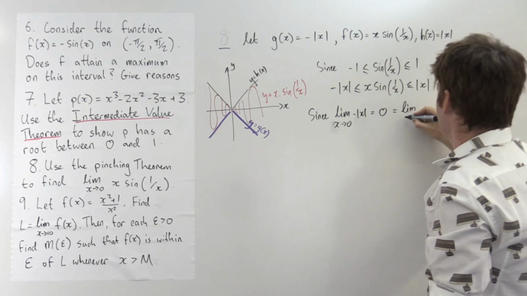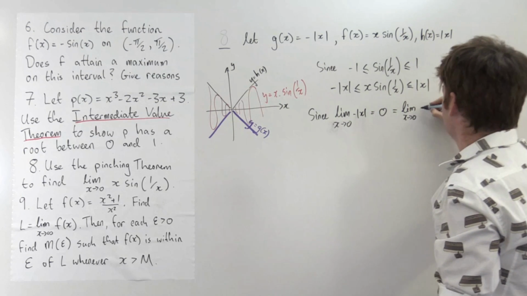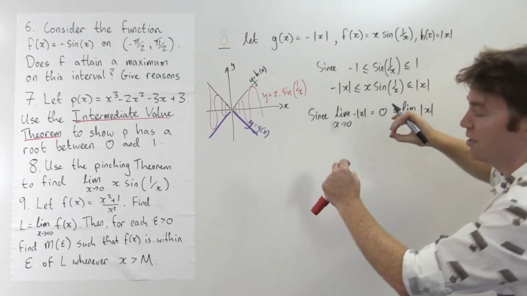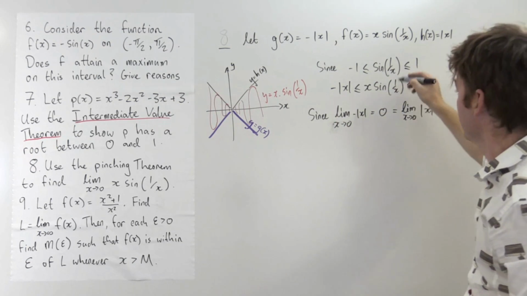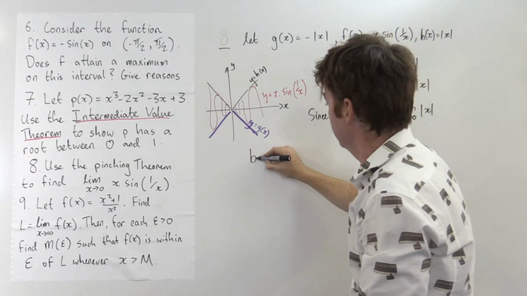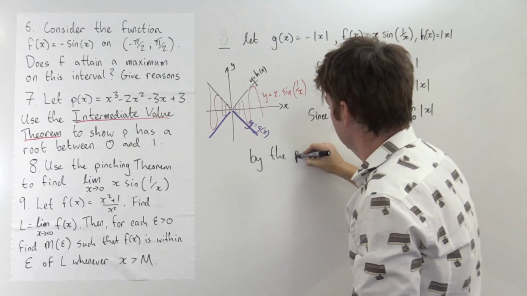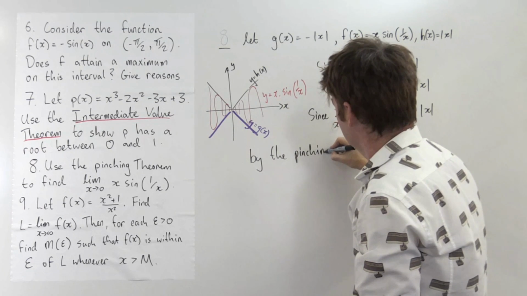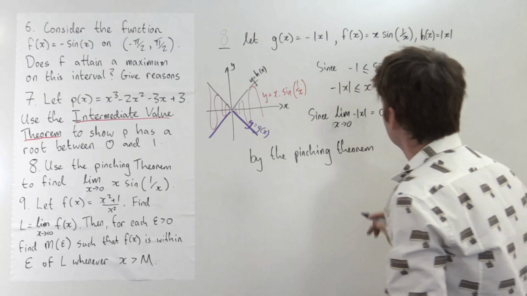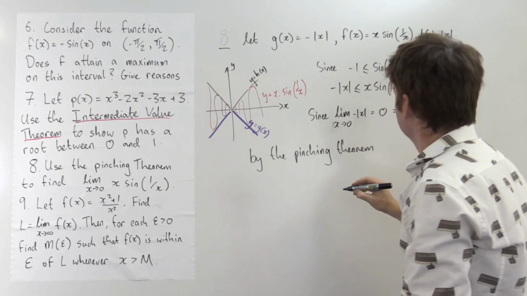And the limit as x goes to 0 of absolute value of x. So this function and this function are squeezing x sine 1 on x to 0, by the pinching theorem.